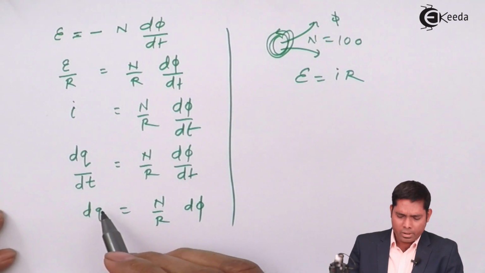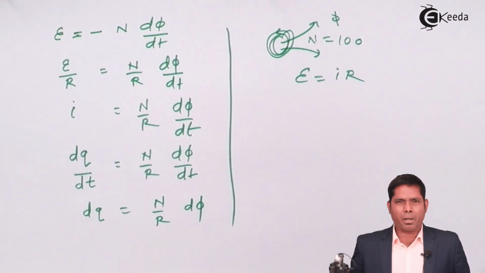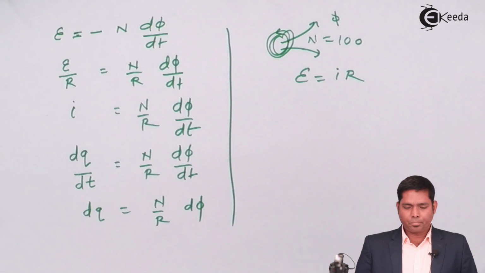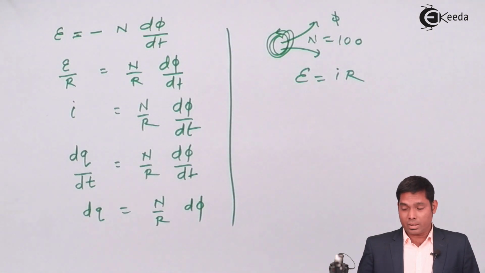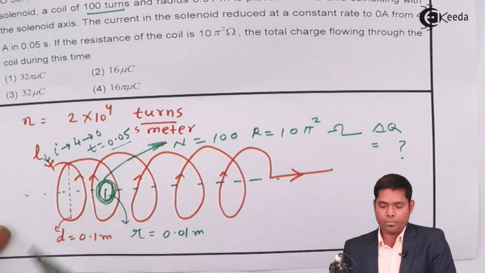This dq is the very small charge flowing in a fraction of a second. We have to find the total charge flowing during this time.